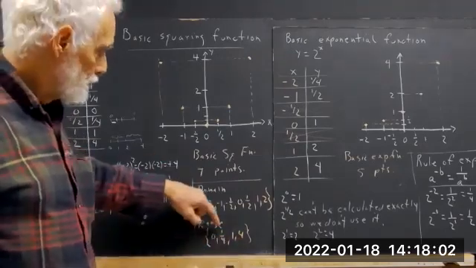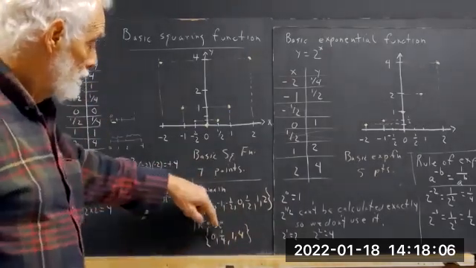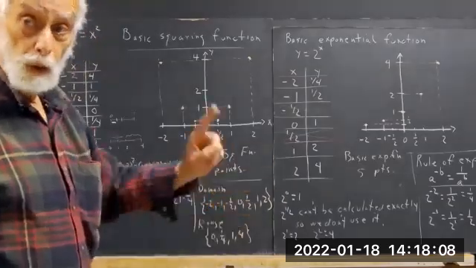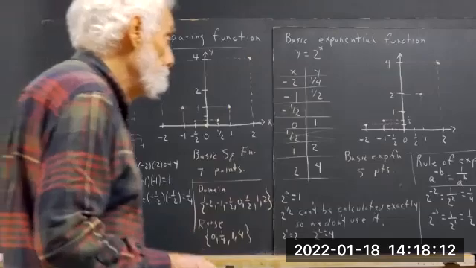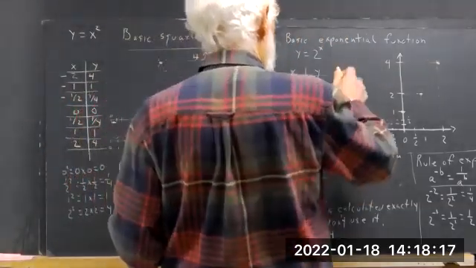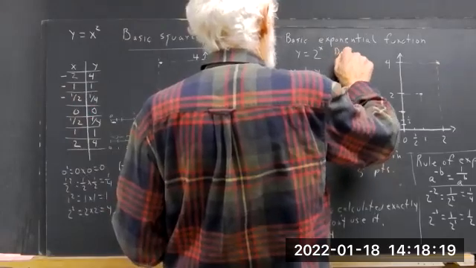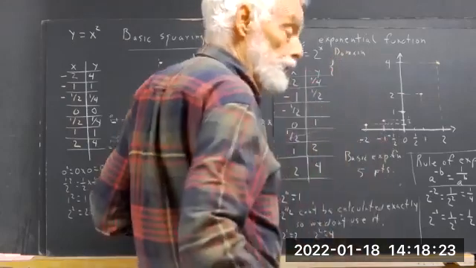So you just list the numbers, the y values. You list each y value once, no matter how many times the y value occurs. Okay. Over here, domain is a set of x values.